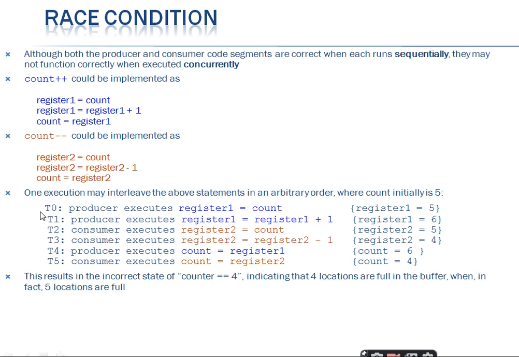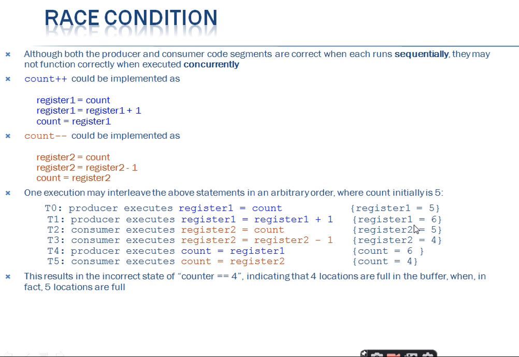See here, at time 0, the producer executes register 1 equals count. If count is equal to 5, register 1 will be assigned a value of 5. At time T1, the producer executes register 1 equals register 1 plus 1.